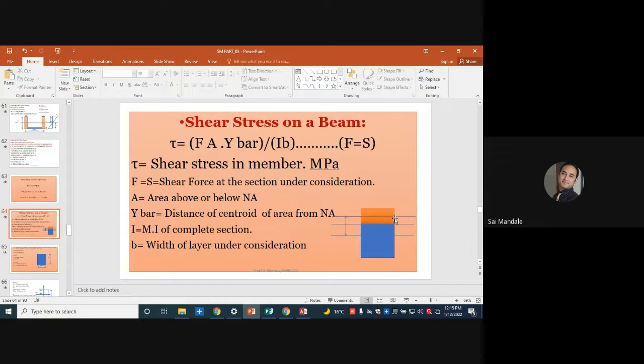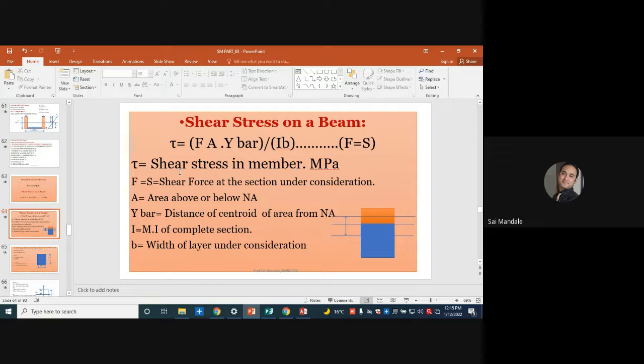Try to understand the terms: when the beam is subjected to bending, it fails because of bending as well as shearing. That's why shearing stresses are also induced into the beam, as the failure is due to the deflection of layers.